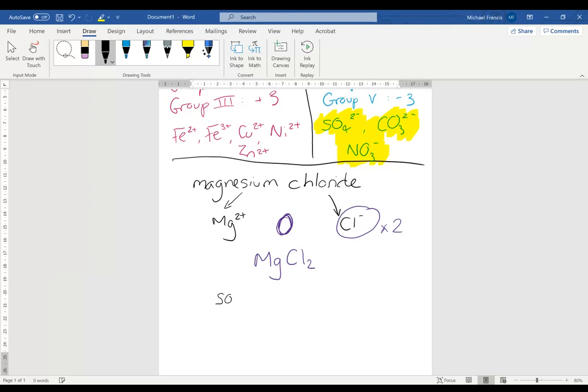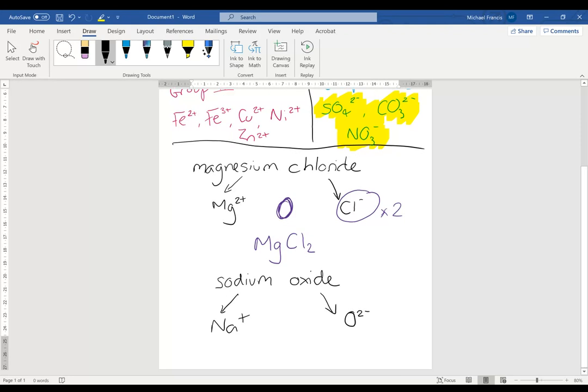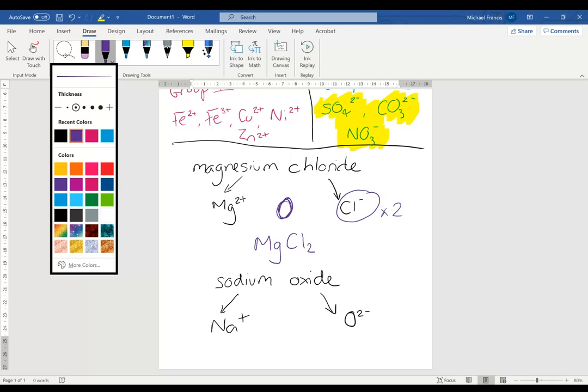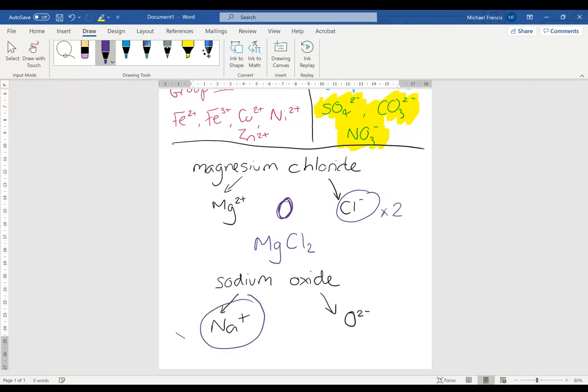Let's do another one. So if we do sodium oxide as an example. Okay, again, sodium is in group 1, and so it's going to have a charge of +1. Oxygen is in group 6, and so the oxide ion will have a charge of -2. Okay. I've got to get them to add up to 0. This time, I don't have enough positives to balance the 2- from my oxygen, so I'm going to need 2 of my sodium ions this time.